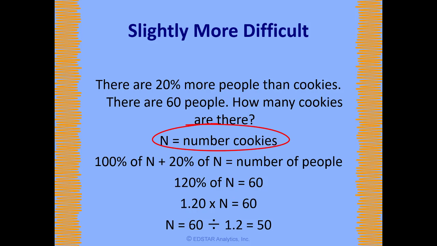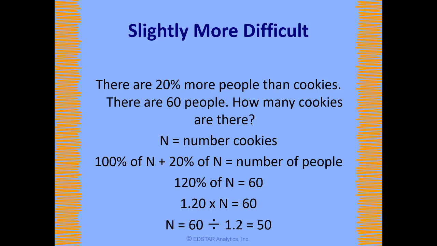Well, there's 20% more people than cookies. So the number of people is all of the cookies plus 20% more. So that would be 100% of the number of cookies plus 20% of that number, which is 120%. So 120% of the number of cookies is going to equal 60.